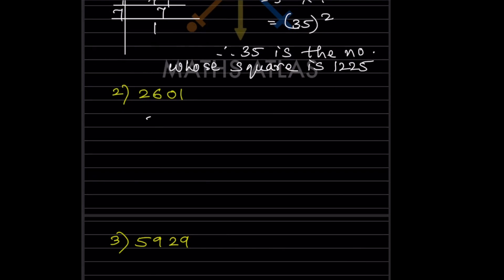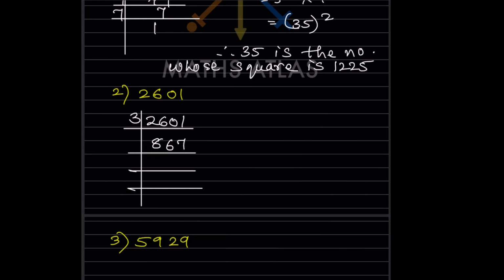So now let us see for this one, 2601. So this is going to be 3, it will go with 3, 7, then again this will go with 3, 2, then 8, and this will be 9.